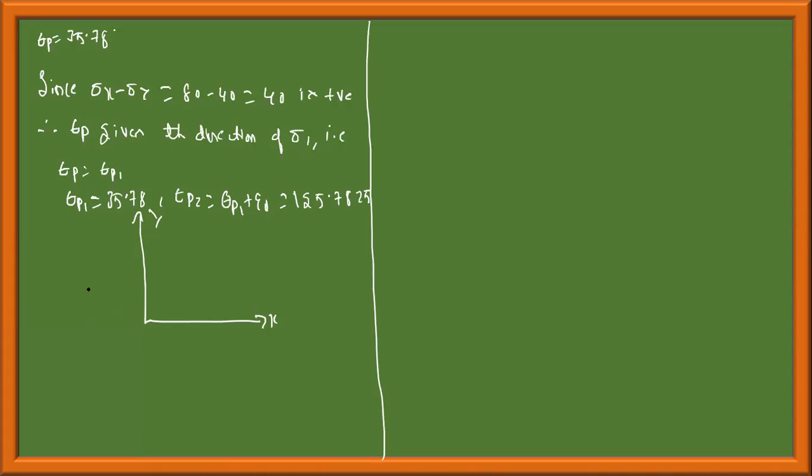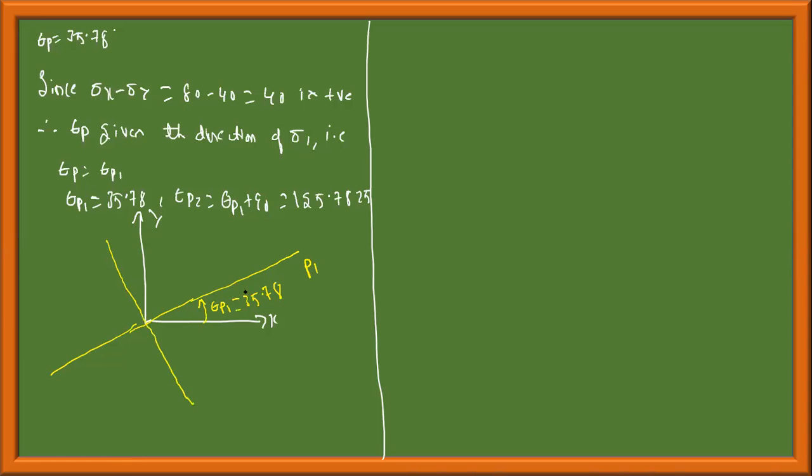Now since theta p1 is positive, if you want to indicate in protractor, you can, or you can just draw a line at approximately 35 degrees, indicating this is theta p1, which is equal to 35.78 degree. Perpendicular to it will be your theta p2.